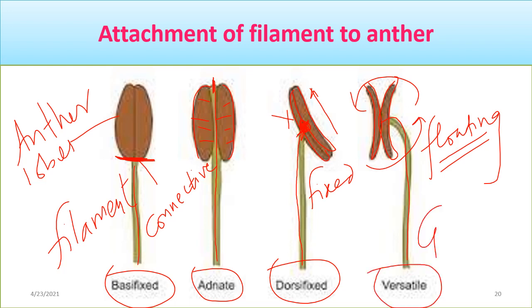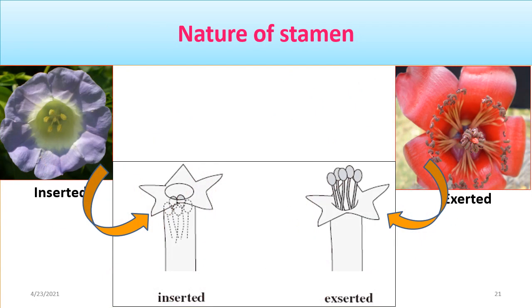This is generally seen in grasses. Then nature of stamen. Here in the first picture you can see that these stamens are remaining inside this corolla tube. Here you can see this is corolla tube and stamens are inside. On the other hand, this is a corolla tube, you can see, but stamens are popping out.